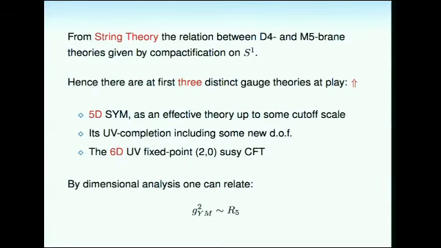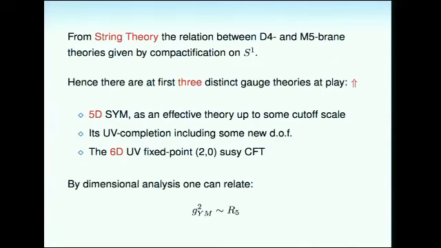And it's very reasonable to expect that the low energy theories describing these two objects are in fact related by the same compactification on an S1. So we know, of course, that the low energy theory for D4 branes should be 5D Yang-Mills. We're arguing that the low energy theory for M5 branes should be this (2,0) CFT, and we expect that they're both related again by compactification on a circle.